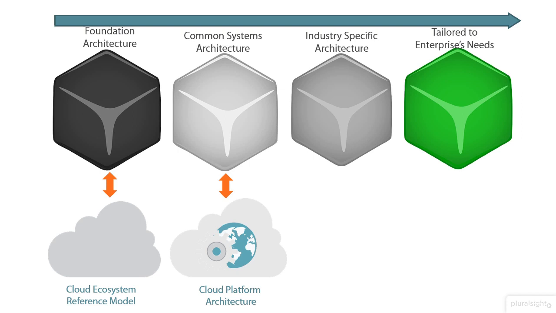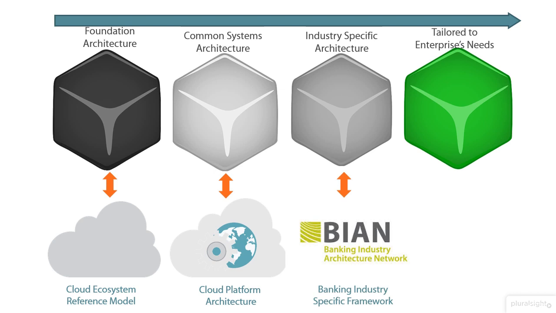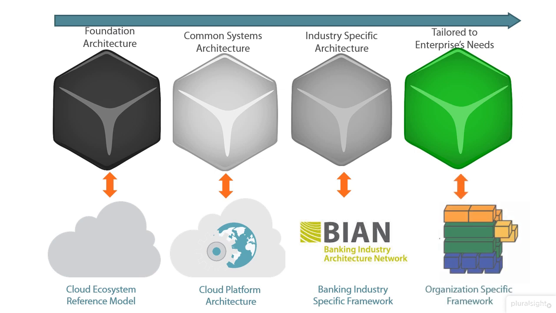It might then identify a banking industry specific reference architecture such as BIAN, which stands for Banking Industry Architecture Network, as an industry specific reference architecture, and then further create its organization specific architecture by leveraging and customizing these generic architecture models instead of inventing everything from scratch.